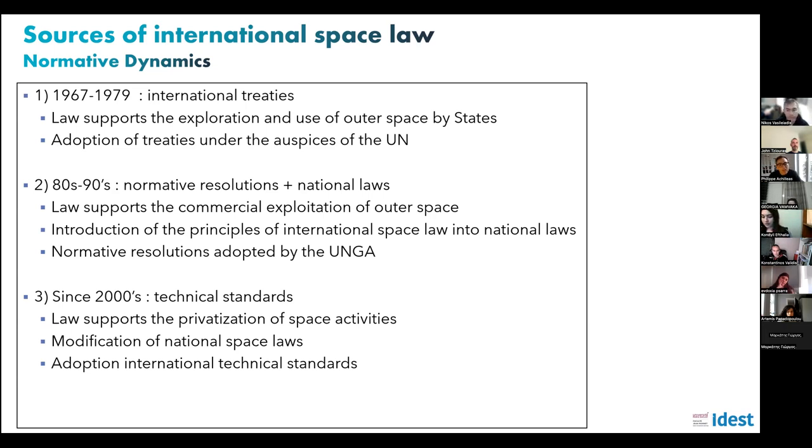They prefer to adopt normative resolutions, which is a method based on soft law, which is more in line with the sovereignty of states, and also to introduce international principles into national space laws. The object of the law here is to support the commercial exploitation of outer space and to have rules for the development of commercial activities in outer space.